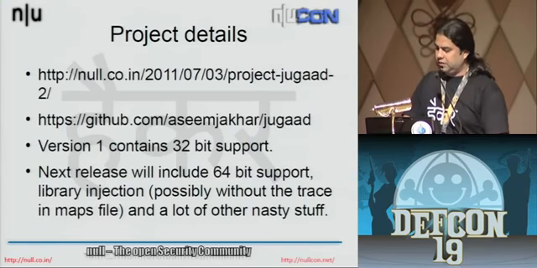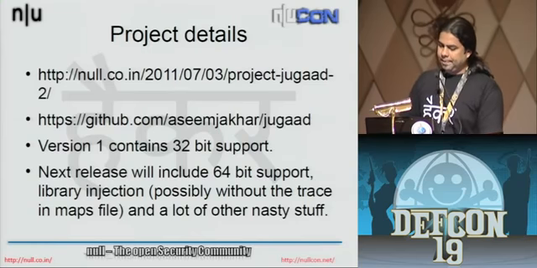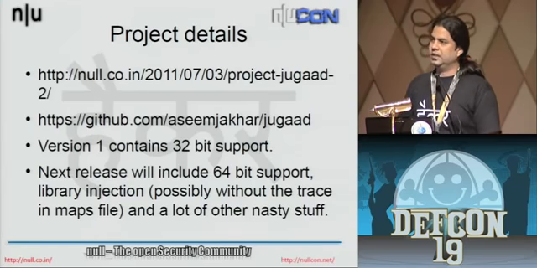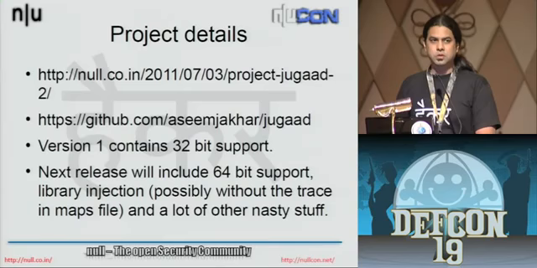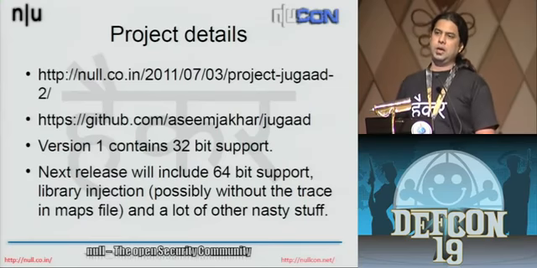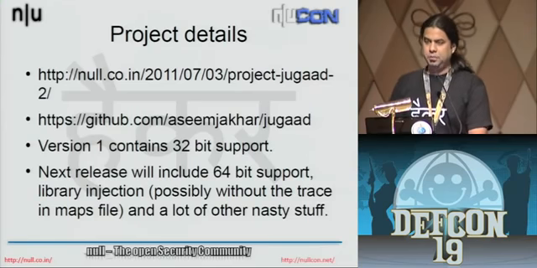So next version onwards, we'll be putting in support for 64-bit processes, and since we've already created this, we might put a lot of other things like VM detection or anti-forensics into it. So if any of you is interested in helping out, or just letting us know what all we can add into it other than just the thread injection part, it'd be helpful.